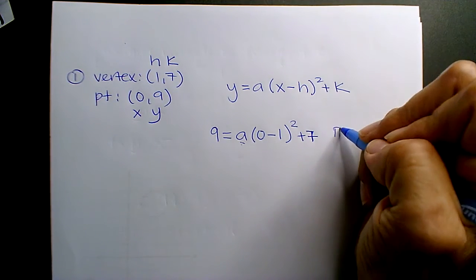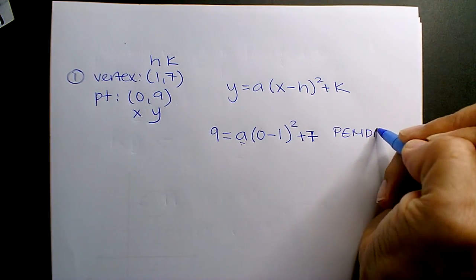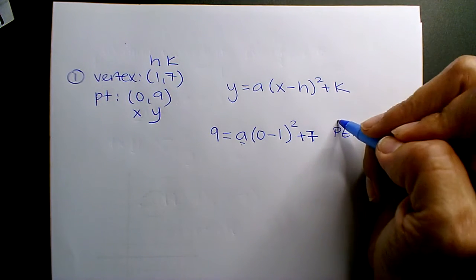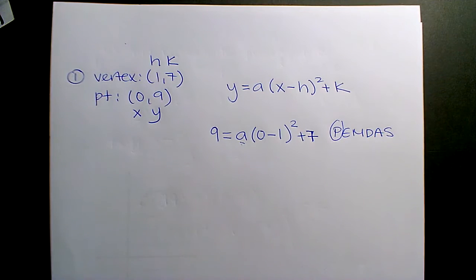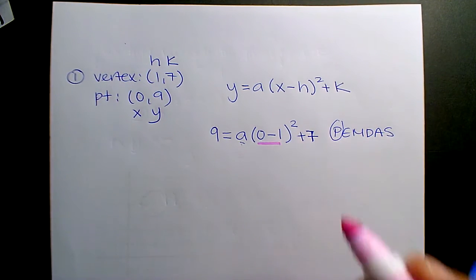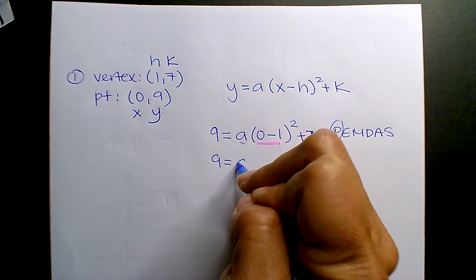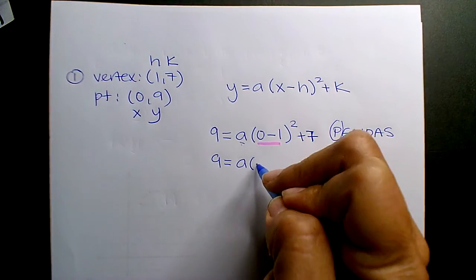This is now order of operations. And if it's going to go bad, this is usually where it goes bad, because you guys don't know your order of operations. Parentheses, which is this, right? That's P. And what's 0 minus 1?